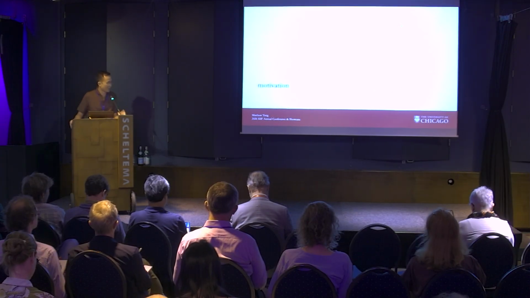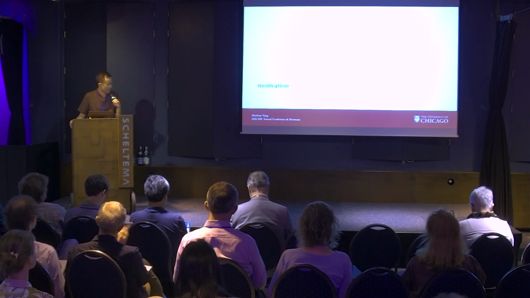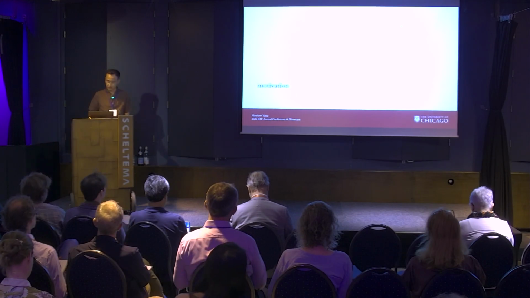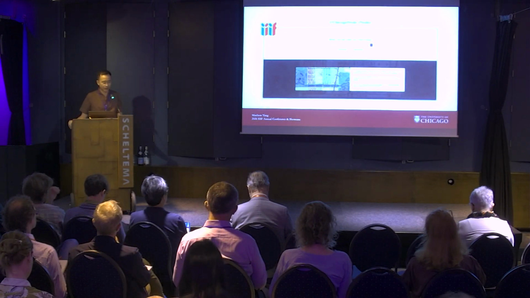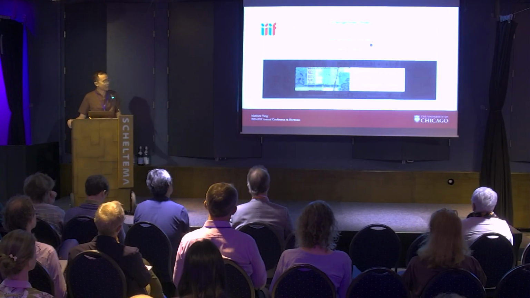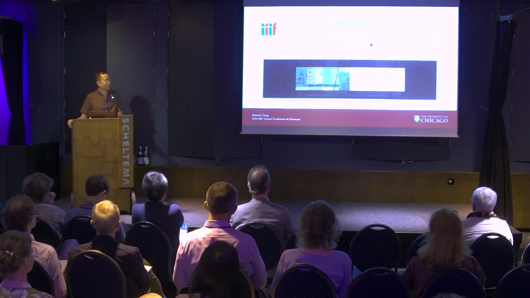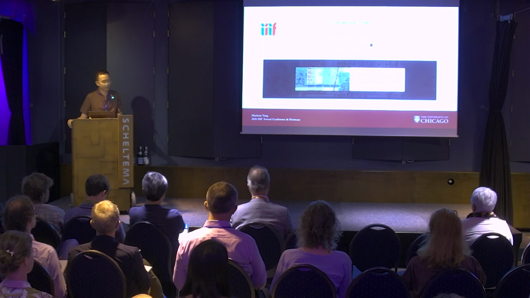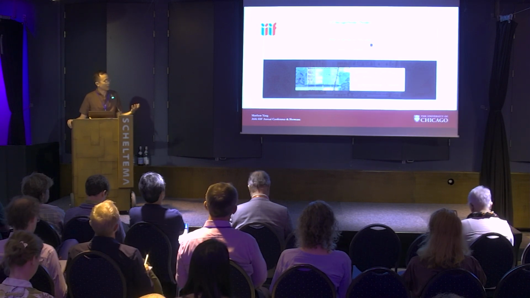First, what was the motivation for this test? The university library that I work for is building a new collections platform called UChicago Node, and it's going to be powered by IIIF.